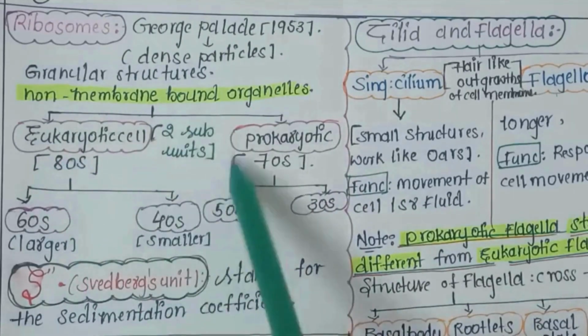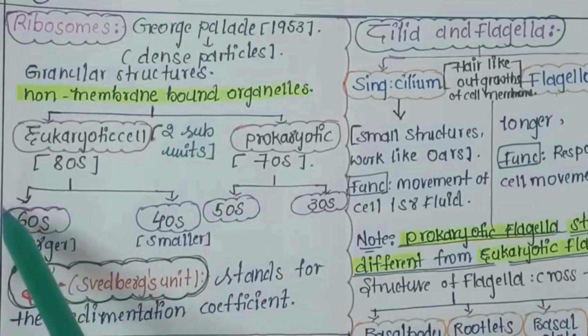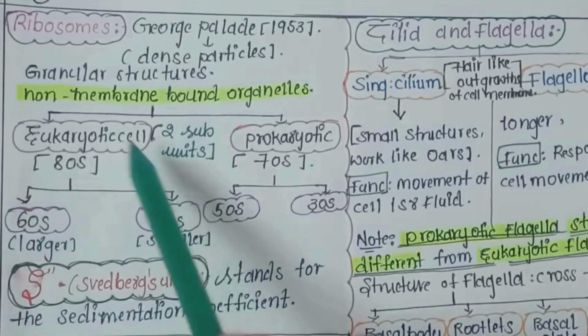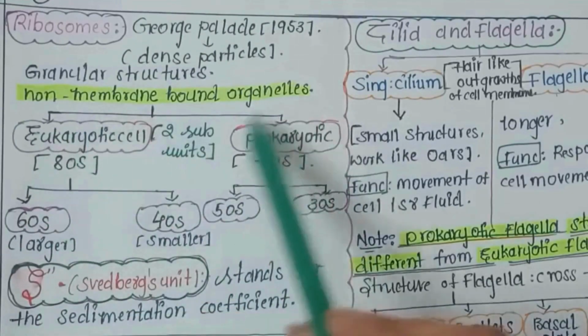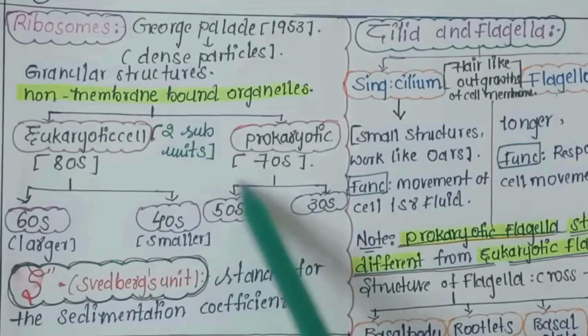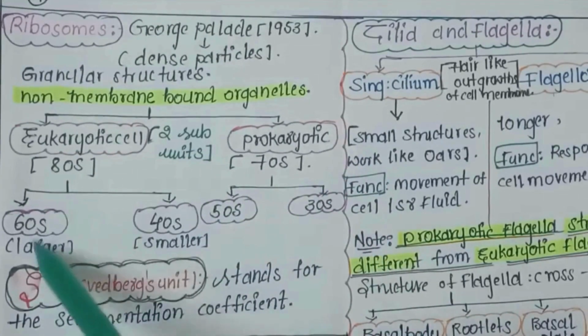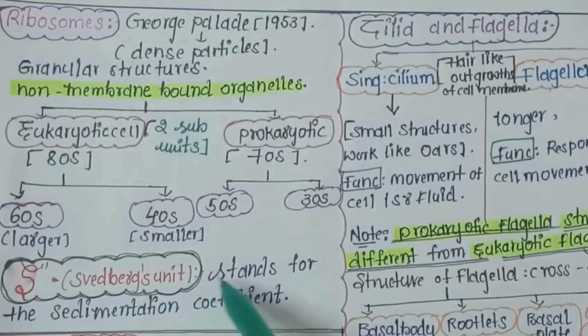It has two subunits, a larger subunit and a smaller subunit, which are 60S and 40S in the eukaryotic cell. In the prokaryotic cell, they are 50S and 30S, the larger subunit and the smaller subunit. Here S stands for Svedberg unit, which is the sedimentation coefficient. It measures the sedimentation rate.